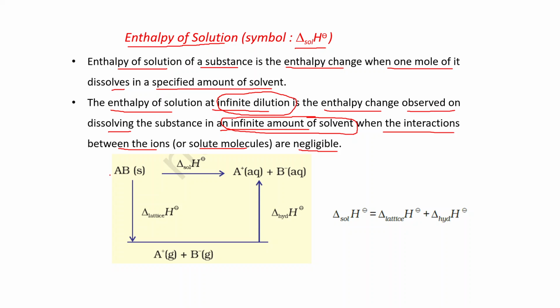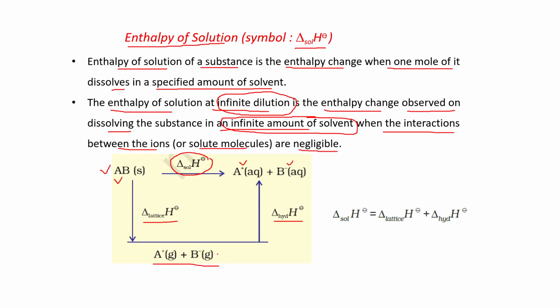This can be represented like this. This is one solid compound. When this is dissolved, whatever the change, that is the enthalpy of solution, and this will dissociate to give these ions. And actually this enthalpy of solution is the sum of two enthalpies. One is called lattice enthalpy and another one is called hydration enthalpy. As we already discussed, lattice enthalpy is the change in enthalpy when 1 mole of solid ionic compound dissociates into its constituent gaseous ions.